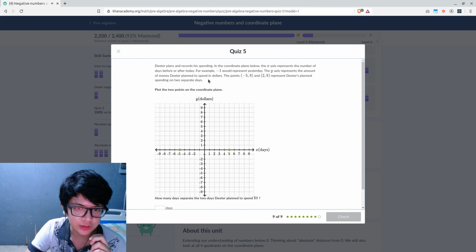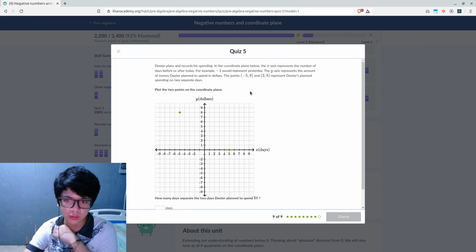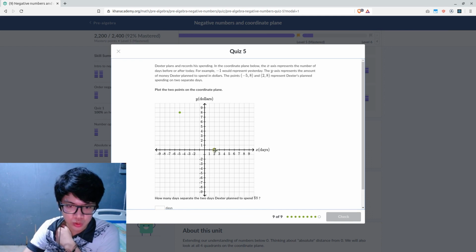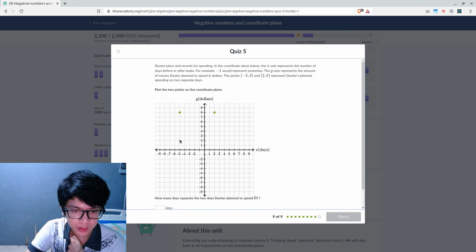Dexter plans and records his spending. In the coordinate plane below, the x-axis represents the number of days before or after a day. The points -5, 8 and -2, 8 represent planned spending on 2 separate days.